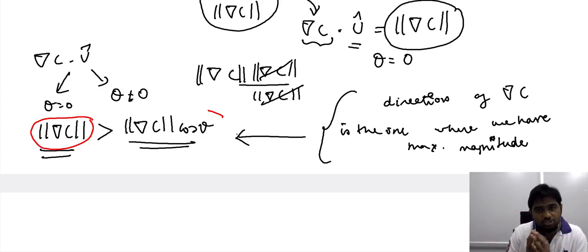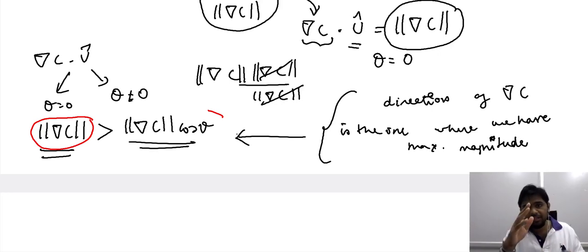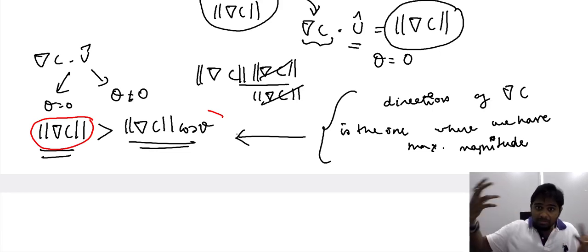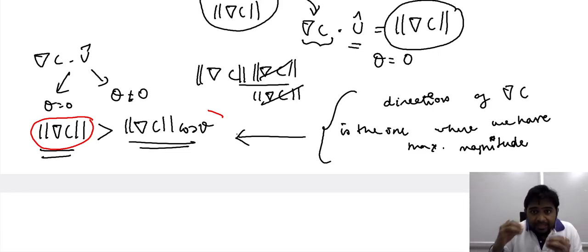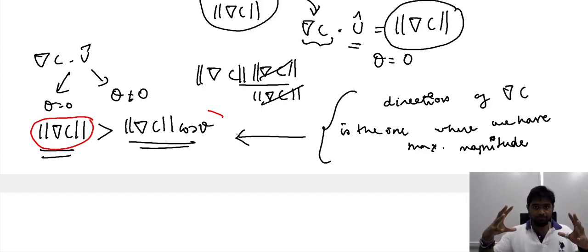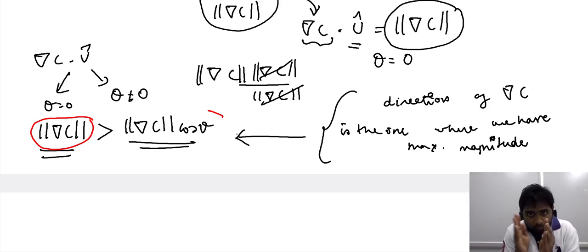There are two possibilities for this unit vector. This unit vector can lie along the direction of the gradient, or it can lie in any other direction. If it lies along the gradient of your concentration, then the magnitude of the gradient will be the maximum. If not, the magnitude will decrease.